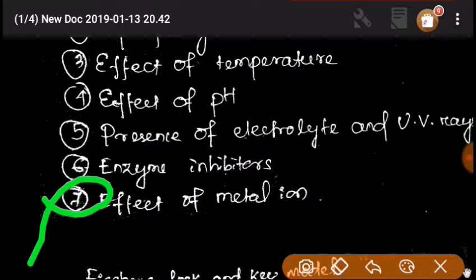Next we will come to the effect of metal ion. What is the effect of metal ion? There are certain enzymes which require a non-proteinous substance for their activity.